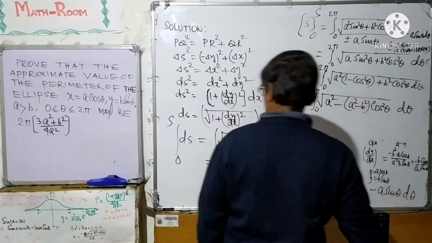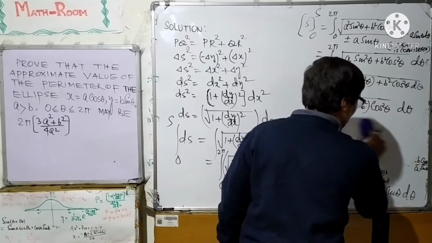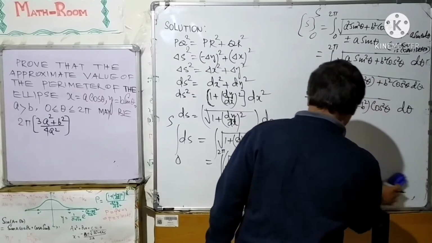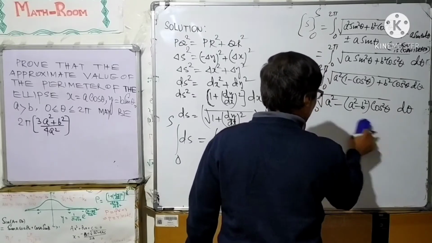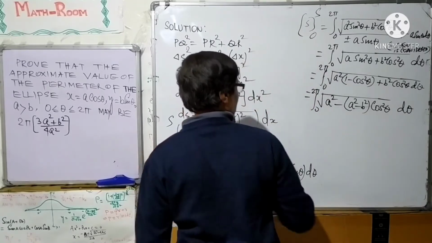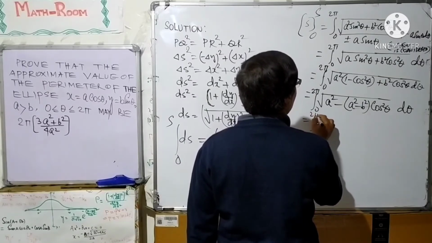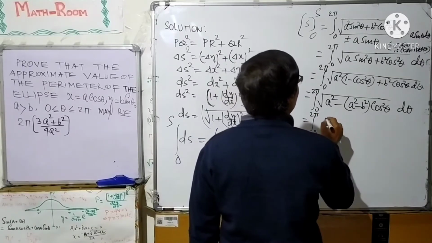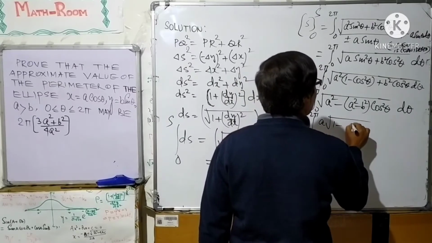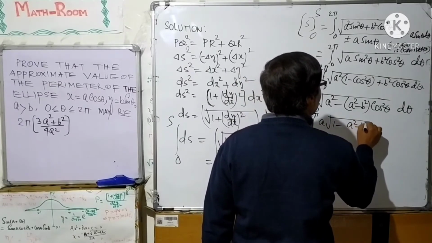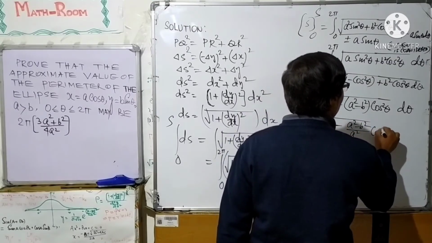This is also 0 to 2 pi a into root over of 1 minus a square minus b square over a square cos square theta.